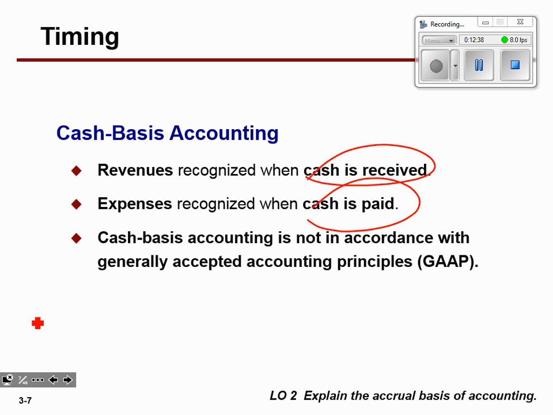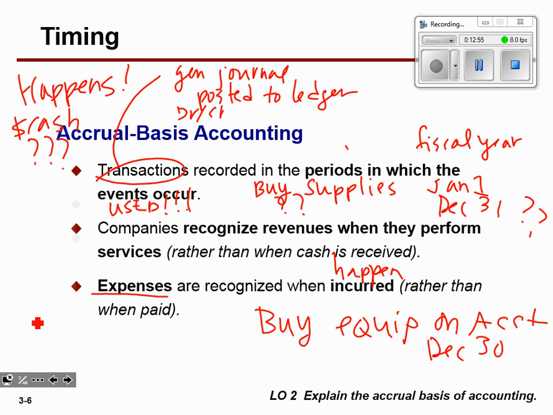What you need to know about cash basis accounting, it happens often. A lot of businesses run their business this way. It's just not GAAP approved. The generally accepted accounting principles prefer accrual basis accounting. Why? It's more transparent.